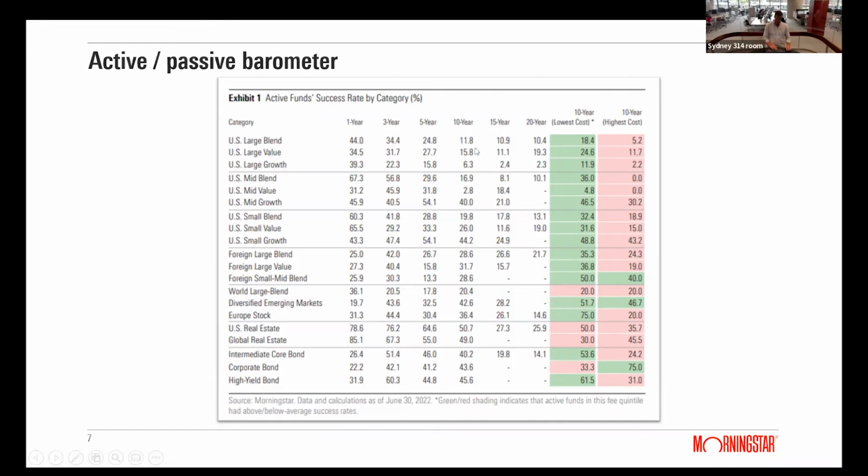So maybe these are the categories where there's more of an opportunity to go out there and find a manager, as opposed to here, US large growth, only 12% of the managers managed to beat the benchmark. It's very, very difficult for you to go identify those 12% that beat the benchmark over that 10-year period. So something that's important to consider.